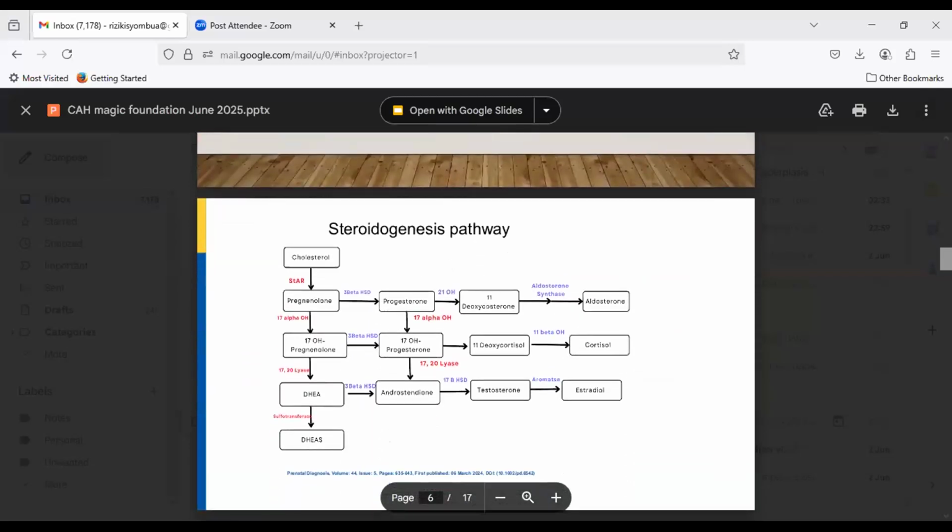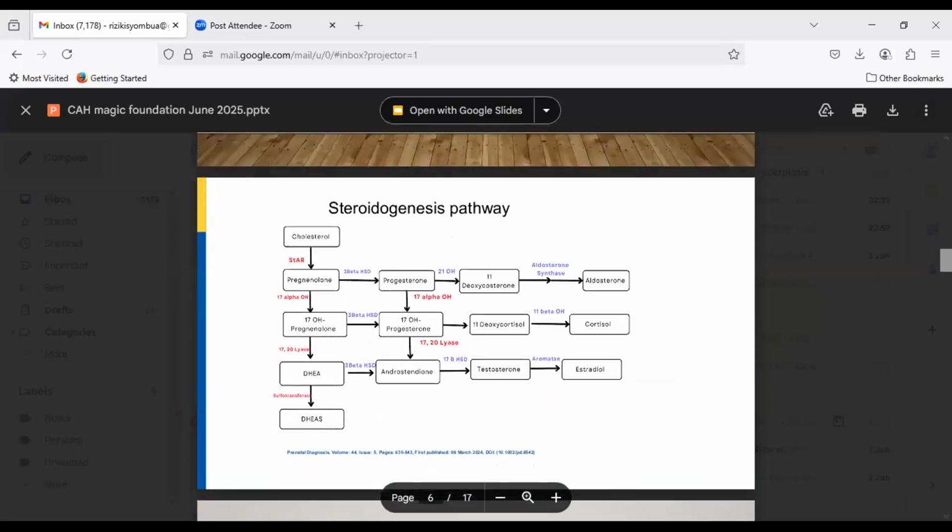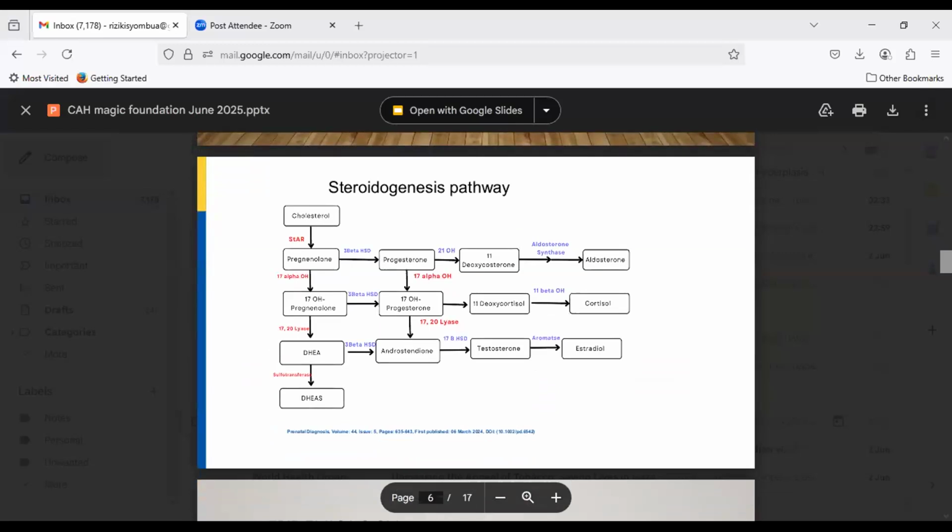And this is the pathway that shows us the hormones that are secreted. On the extreme right, you can see aldosterone, which is the mineralocorticoid, cortisol, which is the glucocorticoid, and androstenedione and testosterone, which are the androgens. Of course, testosterone is the one that is turned into estrogen outside the adrenal gland.